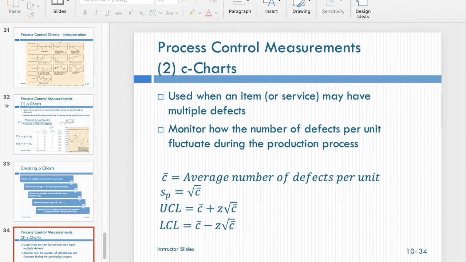Then you start to monitor how the number of defects per unit fluctuates during the production process.